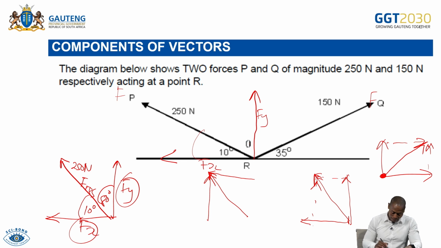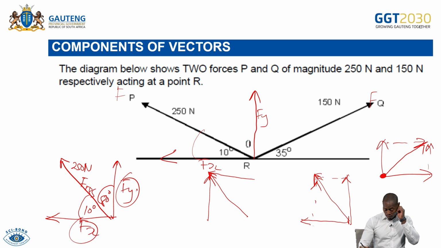Then how do I find the magnitude of Fy and Fx now? Okay? To find the magnitude of Fy and Fx, we have to use the trig ratios again, right? But now which trig ratios? So that you don't get confused, remember, to find the direction of the resultant for perpendicular vectors, we use tangent, tan theta, then we'll be able to get the angle or the direction.